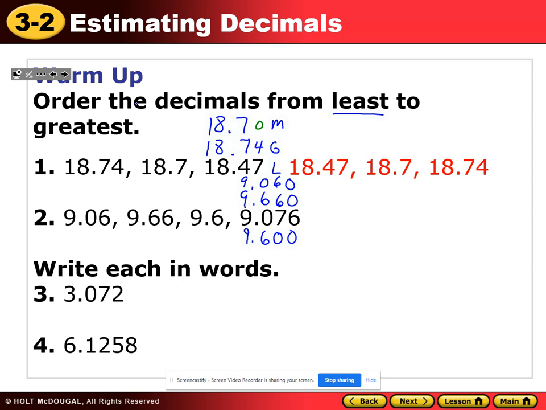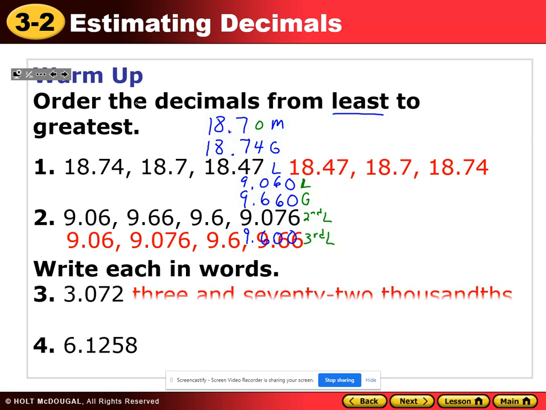When we do this comparison, now we look at these. The smallest, or the least, 9,060, that would be the least. Then the biggest would be this 9,660, and this would be second least, and this would be third least. All right, and we've got those.